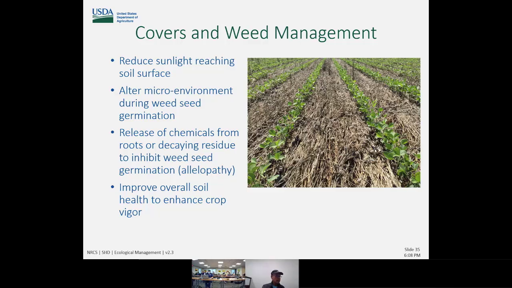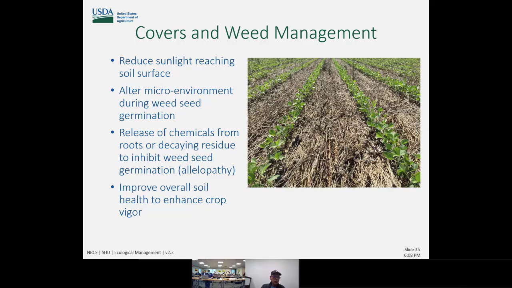Another area we need to think about is other technologies, such as the critical time of weed control. When is the time to use a herbicide? For example, you can consider the developmental stage of corn.